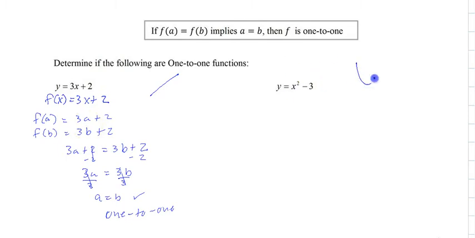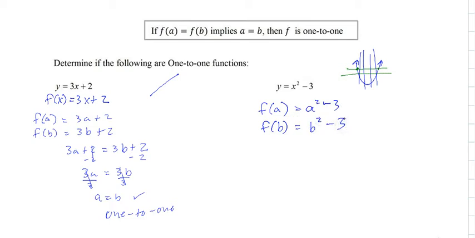This is a quadratic. It looks like this. So we know it is a function, but it fails our horizontal line test, which means it's not one-to-one. And you can always do this as well. You could just graph it and then do vertical and horizontal line tests, but we're going to use our definition. So we have f of a, f of b, and again, we just plug in a, plug in b, and then set them equal.